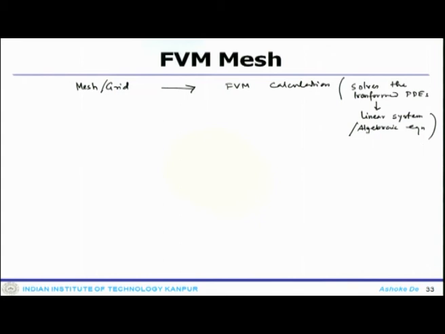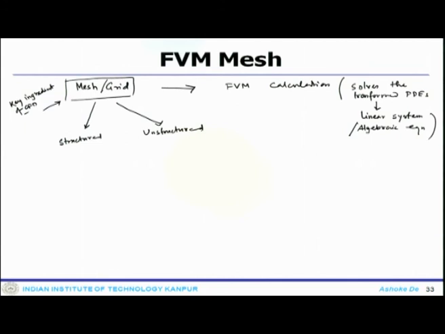So, this is one of the key ingredients of CFD, the mesh. The mesh could be of two types: it could be structured or it could be unstructured.